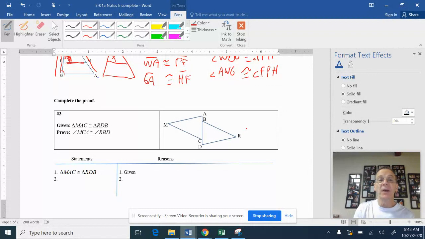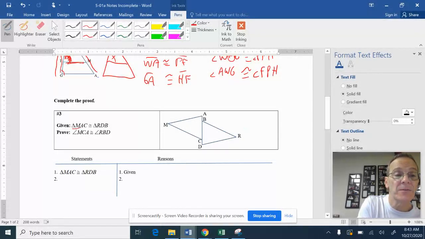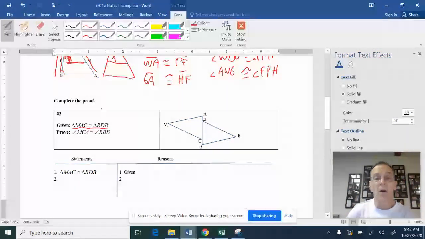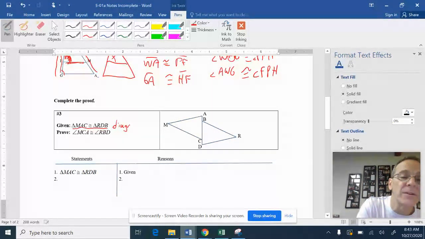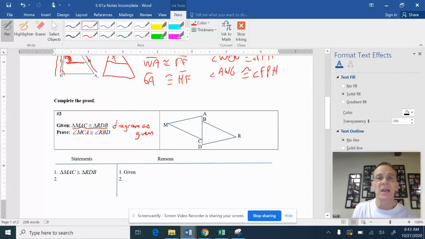In this proof, you have been given a new piece of information, a piece of information that was not given in any of the proofs from the previous homework assignment. And that piece of information is that we have 2 congruent triangles. Triangle MAC congruent to triangle RDB. If you're really alert, you might notice that I haven't written this phrase here, diagram as given, which was present in every single one of the proofs in the last homework assignment.